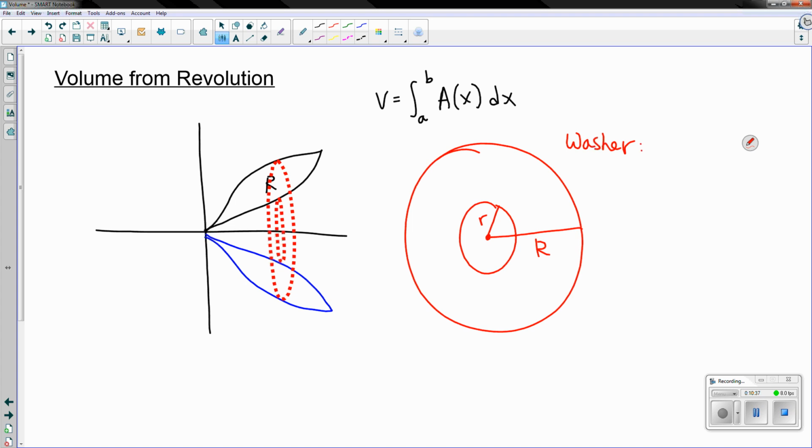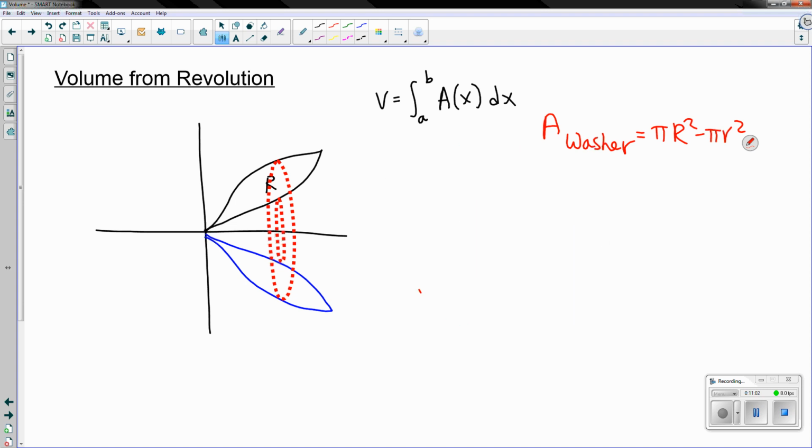So our washer area formula is going to be equal to pi capital R squared minus pi lowercase r squared. When we have this scenario, we're going to have to come up with the capital R, or the radius of the larger circle, and then lowercase r, the radius of the smaller circle. Now, what is the representation for capital R in this case?